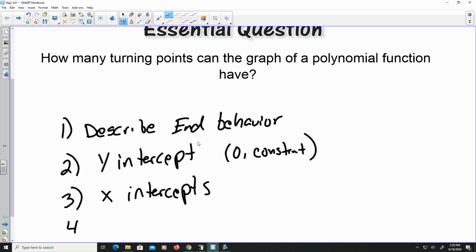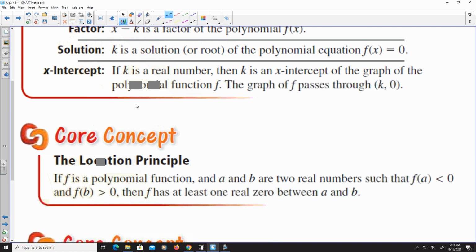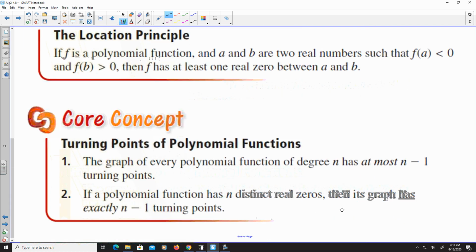And then the final thing, which kind of answers the essential question for this lesson, is how many turning points? A turning point basically means this. Figure out what the degree of this function is.